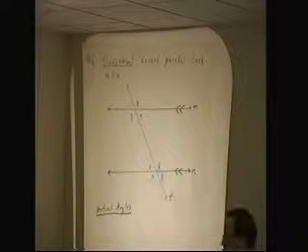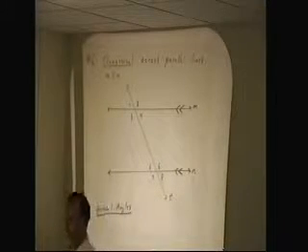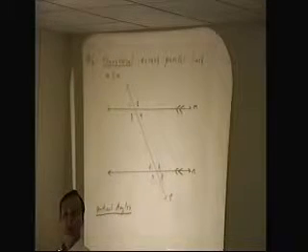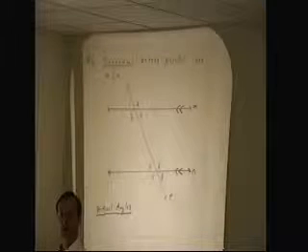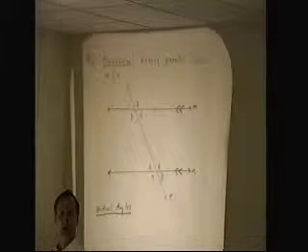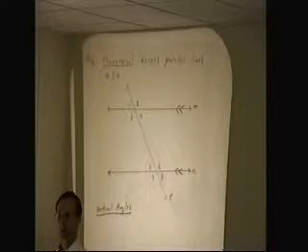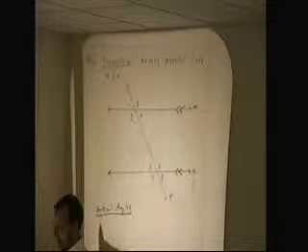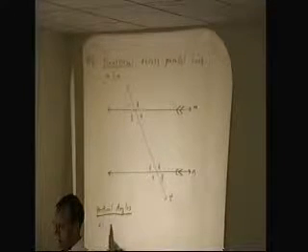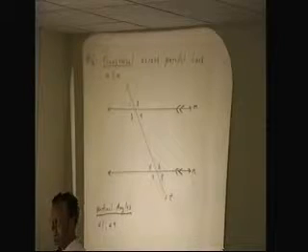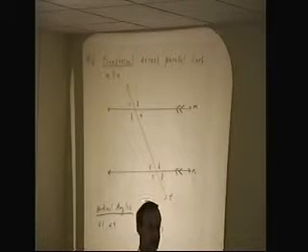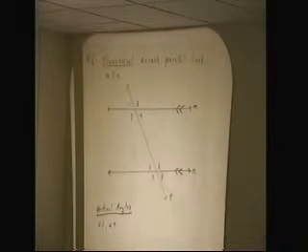What's one pair of vertical angles, guys? 1 and 2, actually, those are a linear pair, aren't they? 1 and 4 are vertical angles. Angle 1 and angle 4. By the way, these are congruent. They're the same size. Name all the other vertical angles.